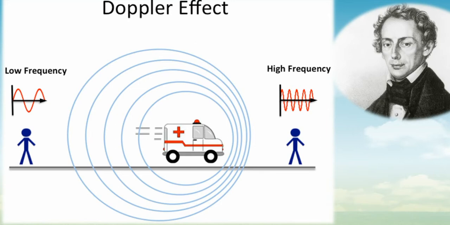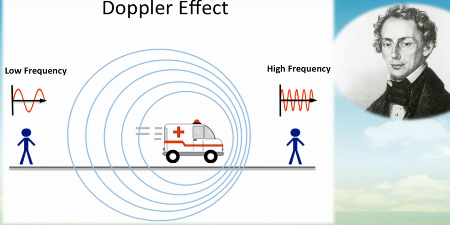What Doppler stated is, when a source is emitting radiation, meaning light, or if it is emitting sound waves, and if that object is moving towards the observer, then the frequency that he measures will be very high.